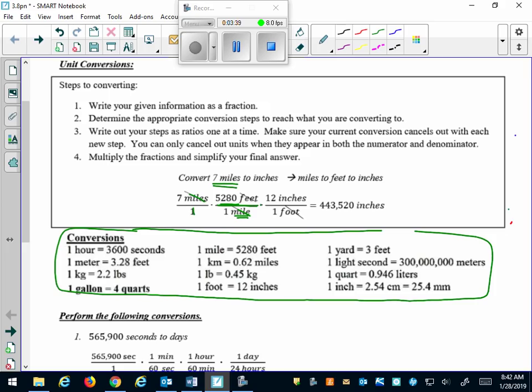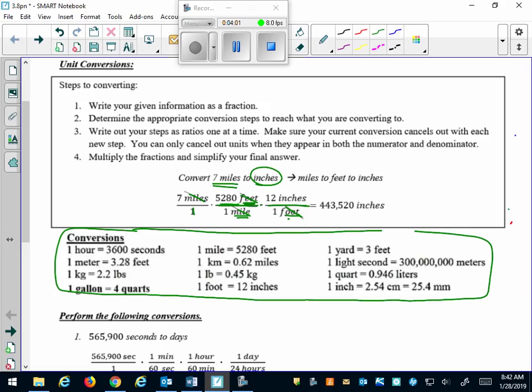So we fill in what we know as the common conversion of feet and miles. Then we multiply again. Well, we don't want feet on the top because we're trying to get to inches. So we have to turn now our feet into inches. So we have to have foot on the bottom because we've got feet on the top, and we want those to cancel. Do we know how many inches are in a foot? Yes, we could put inches on top.